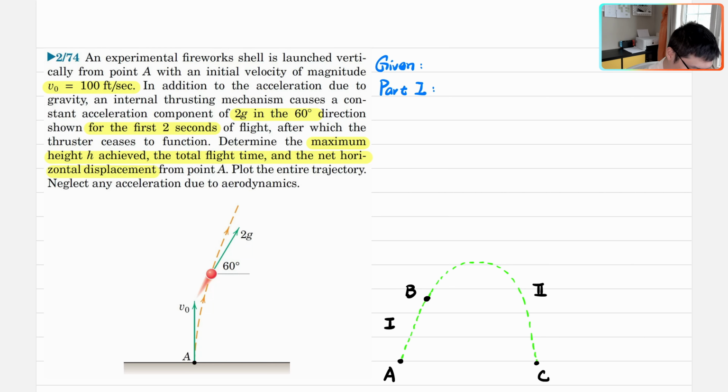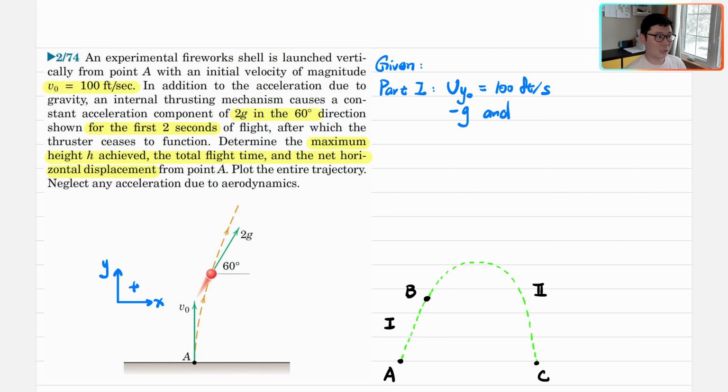For part 1, we'll have an initial velocity of 100 feet per second. We're given that our initial velocity is vertically up. However, not only are we going to have a negative g as our always-known condition, the gravity, and of course we are setting up the horizontal and vertical positions as our positive x and y coordinates, we also have a 2g.